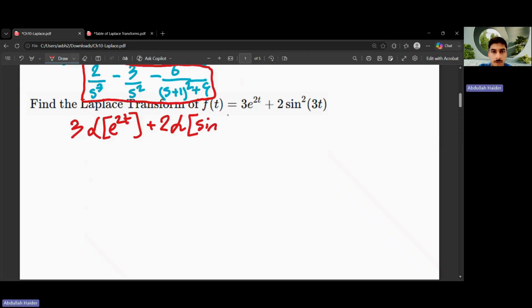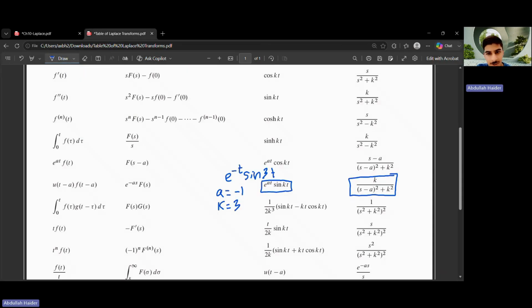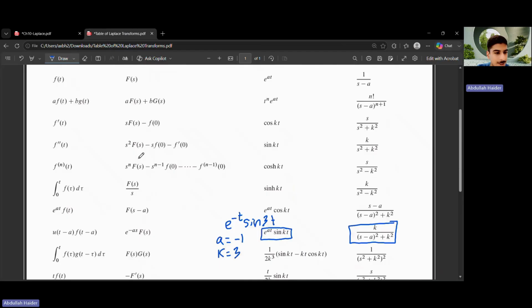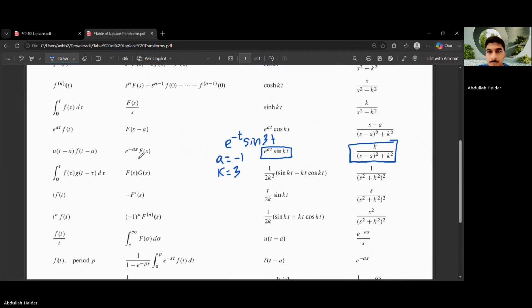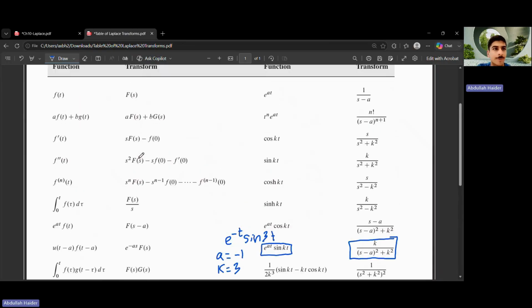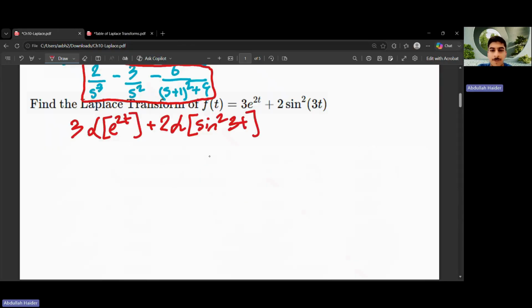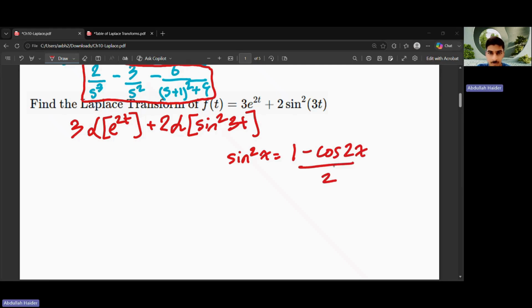Now important note, in this table, you will not have any sine squared property over here. So what you can do is, sine squared x is the same as 1 minus cosine 2x over 2.